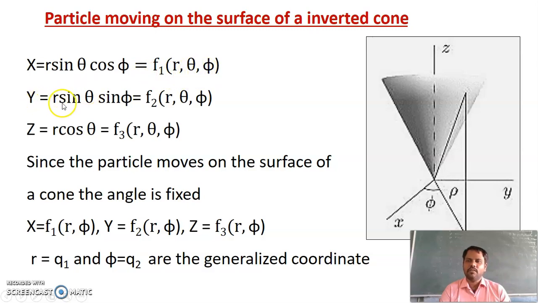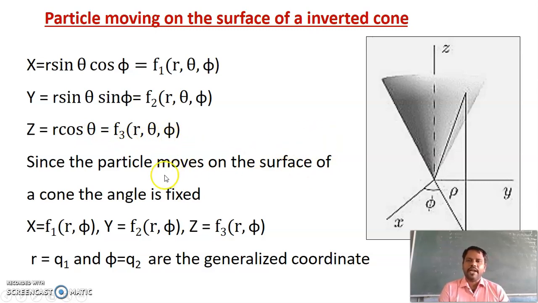Likewise, y is equal to r sin theta sin phi, represented by f2 of r, theta and phi. Similarly, z is equal to r cos theta, which is f3, a function of r, theta and phi.